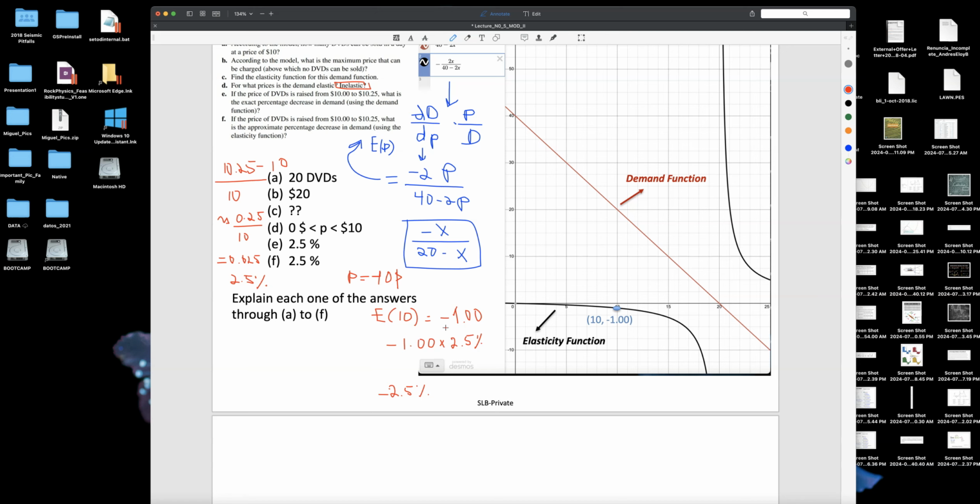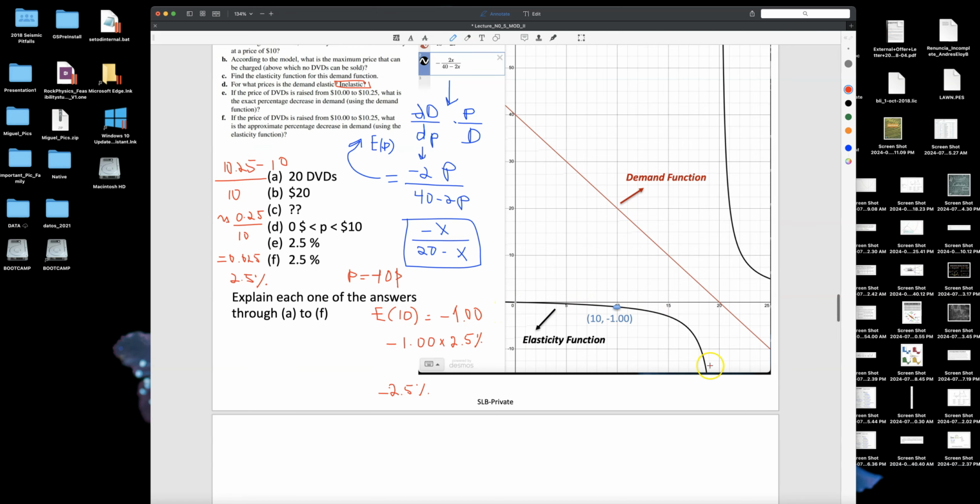So the change in demand is this -1 times the change in price, 2.5%. The -1 tells you that the demand is decreasing, which is what this model is telling you.